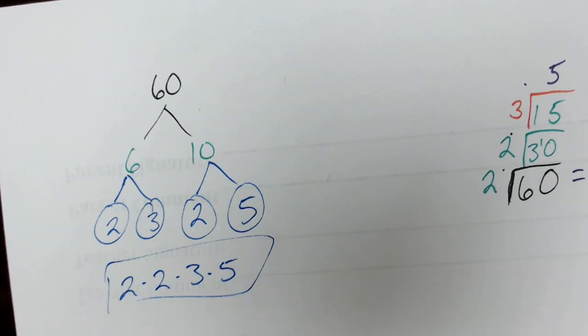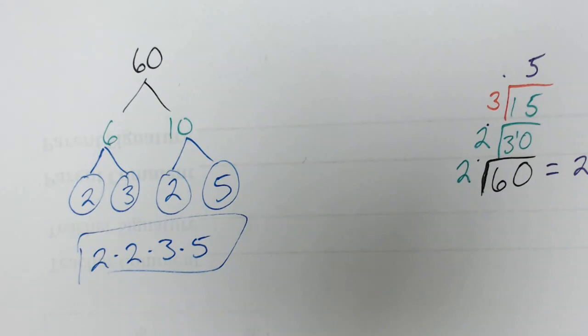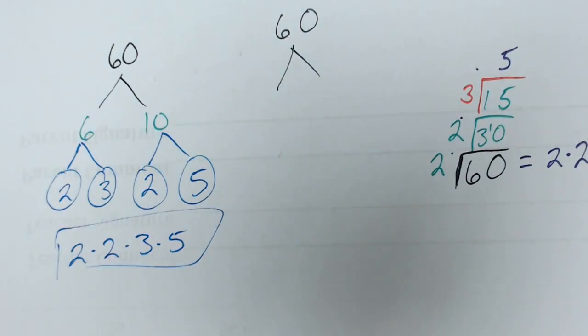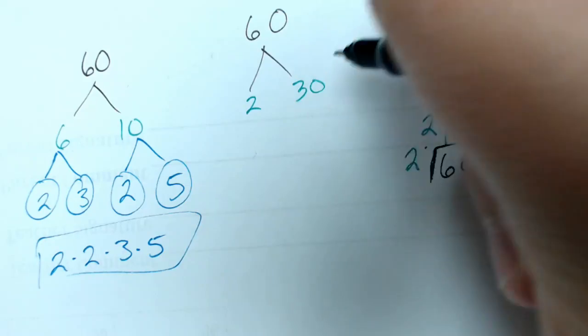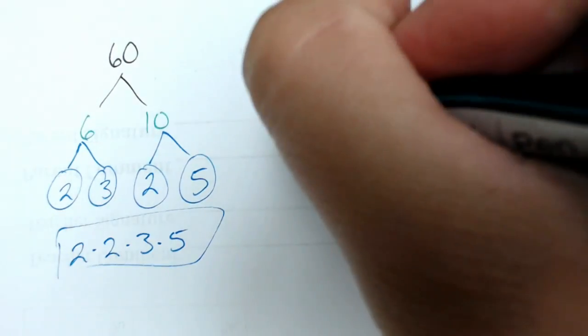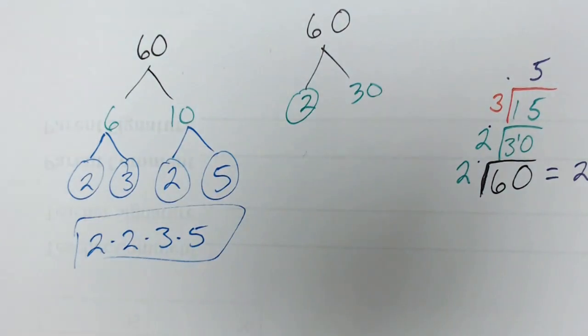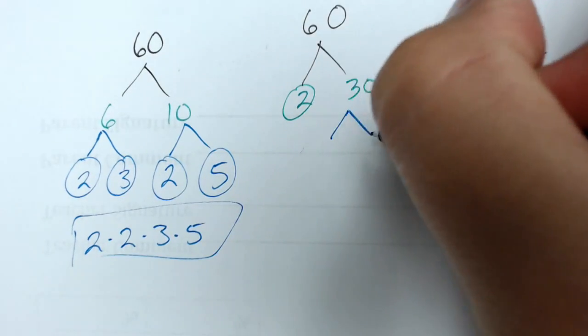I like factor trees a lot better because there are fewer rules, and I'll show you what I mean. I can do factor trees multiple ways. Let's say I didn't think of 6 times 10. Let's say I did 2 and 30, like on the previous problem. I could have put 2 times 30, and then asked myself, is 2 a prime number? Yes, it is. Then let's say I got to 30 and thought, I know 6 times 5 will equal 30.